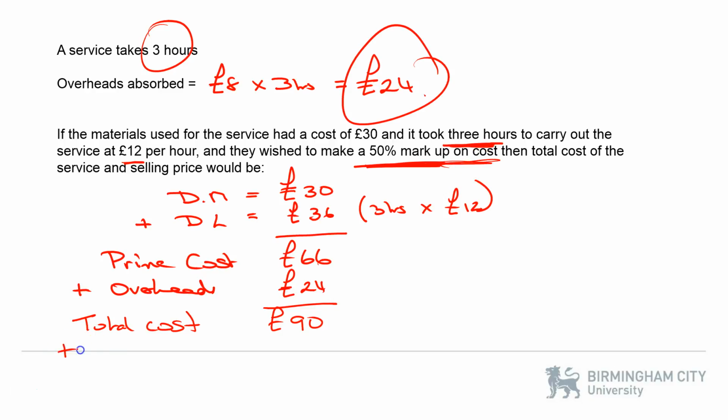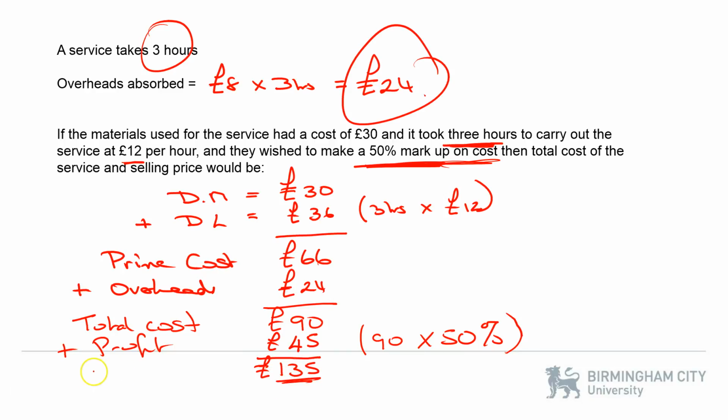So if we now add the profit, £90, 50% of that, okay, because £90 is how much it's costing. We want to have a 50% profit. So we want to make a profit of £45. So therefore, the charge to the customer has to be £135. So that's the selling price.